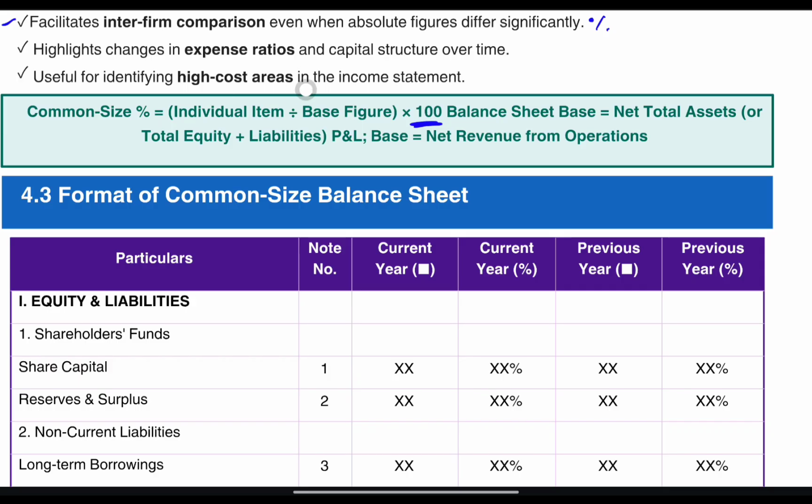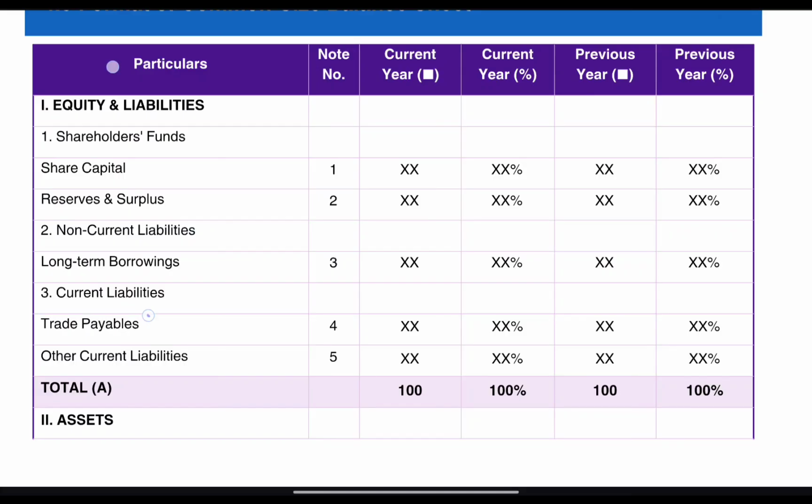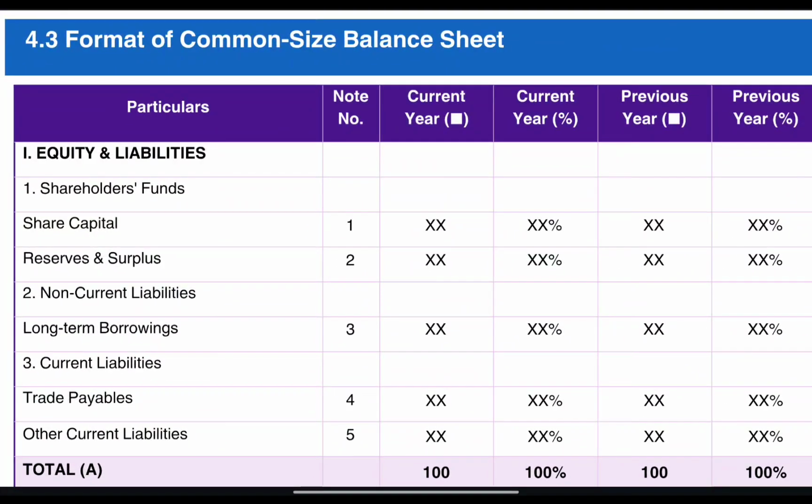In the balance sheet we will take the base figure as total assets or total liabilities, while in the statement of profit and loss we will take the base as net revenue from operations. Got it? So the format of the common size balance sheet is, now I am pretty sure that you know the format of the balance sheet. So let's start with the common size balance sheet.